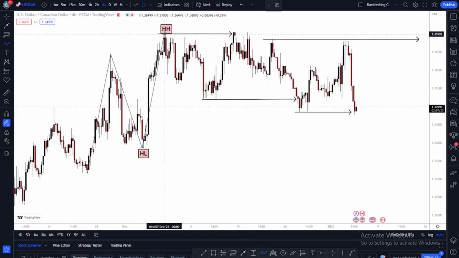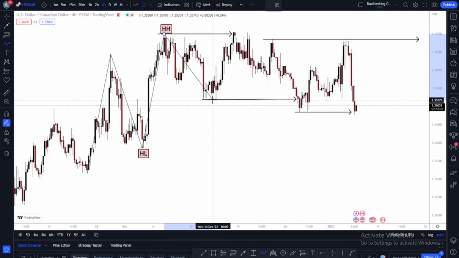After it created this higher high, what did it do? It came back down to create a new higher low. Why is this a higher low? Because this low is higher than that low. That's why this is considered a higher low.